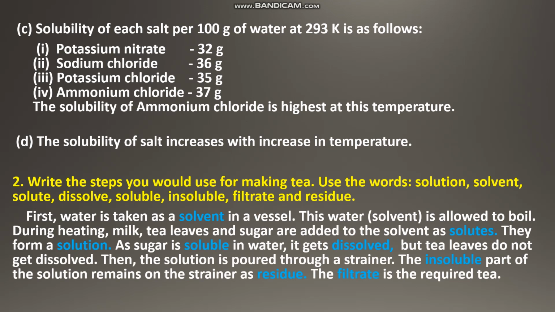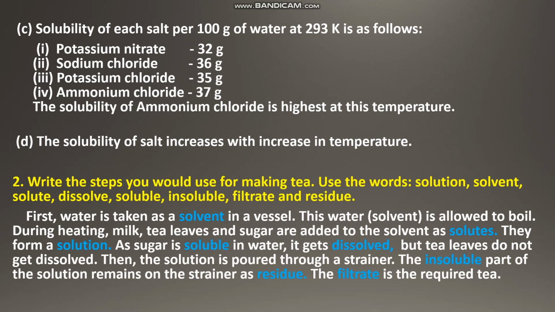First, water is taken as a solvent in a vessel. This water, that means the solvent, is allowed to boil. During heating, milk, tea leaves and sugar are added to the solvent as solutes. They form a solution.